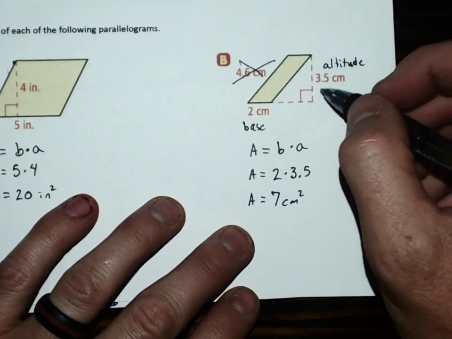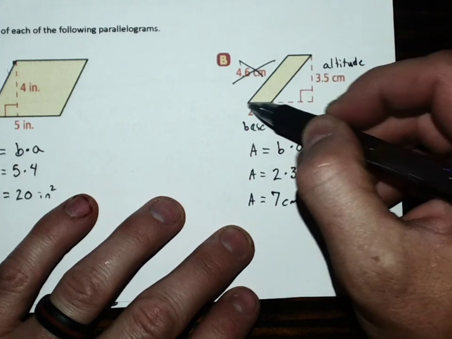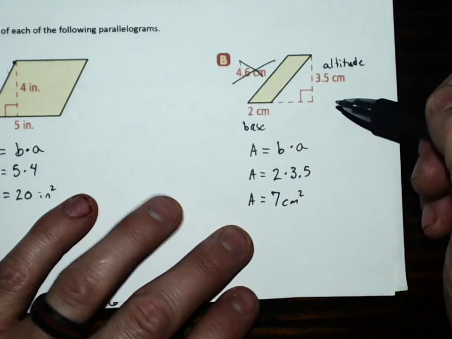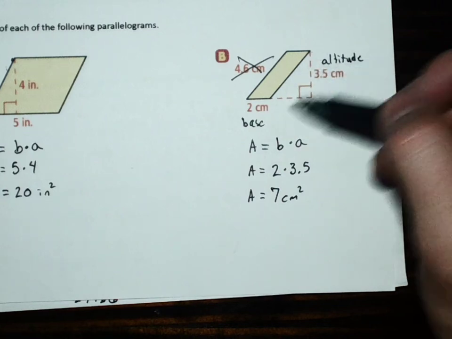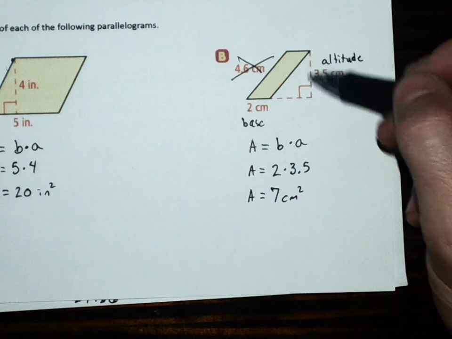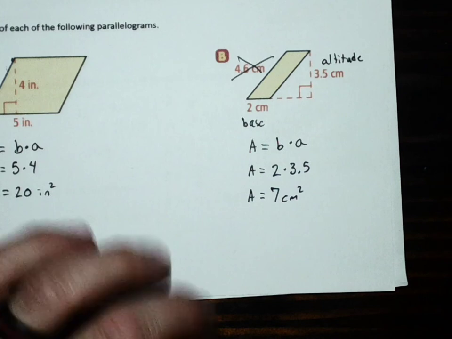They might tell you that your altitude is something, but they might not tell you what your base is. And you're going to have to use SOHCAHTOA to find what your altitude or your base is using a right triangle. So that's the only thing that could possibly show up on your homework. It's just using what we've talked about last chapter.